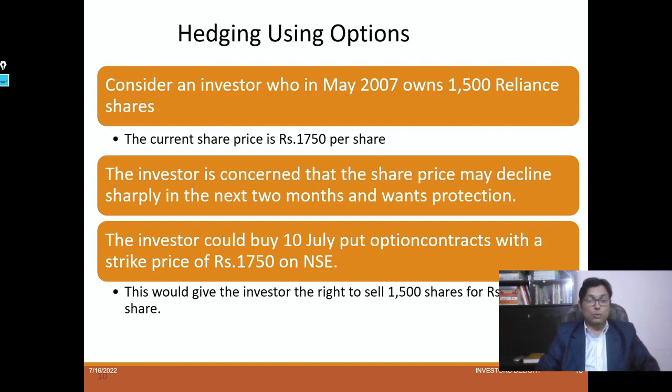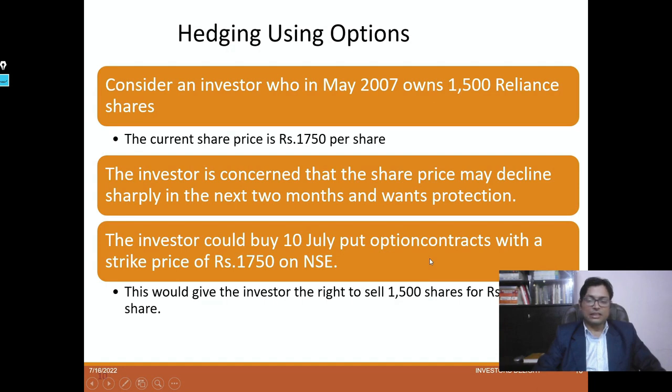The investor should buy 10 July put option contracts with a strike price of 1750 on NSE. This would give the investor the right to sell 1500 shares at rupees 1750 per share. So this kind of hedging can be done. This is a live example of hedging.